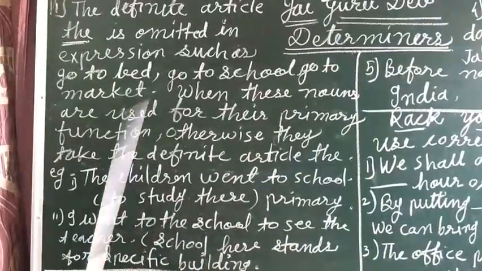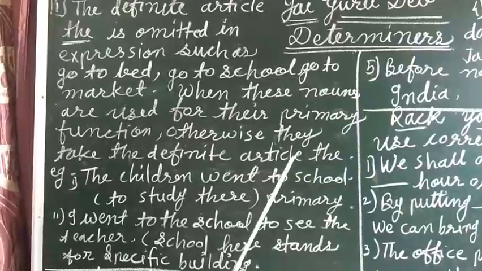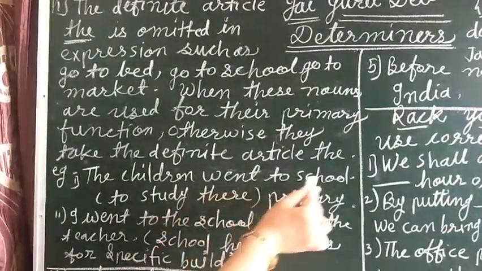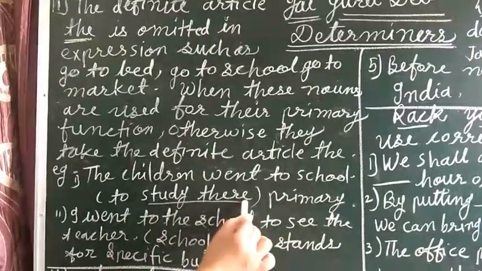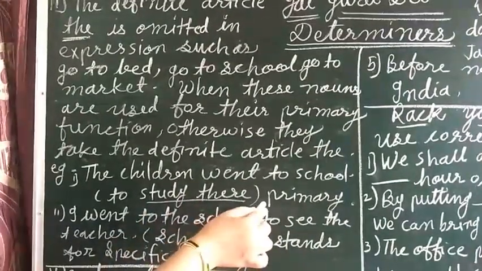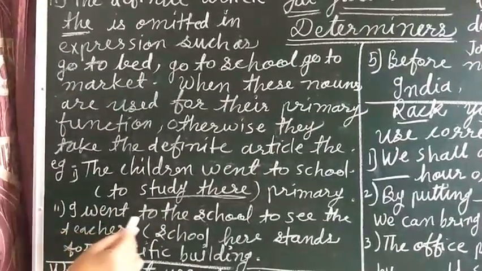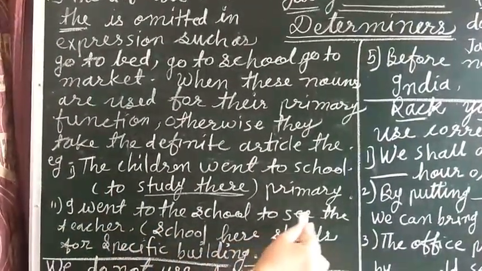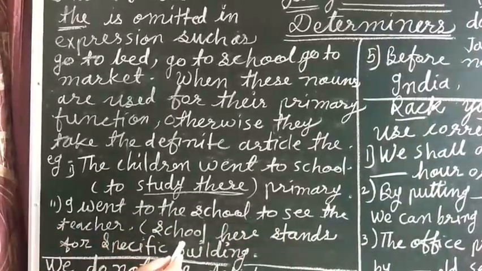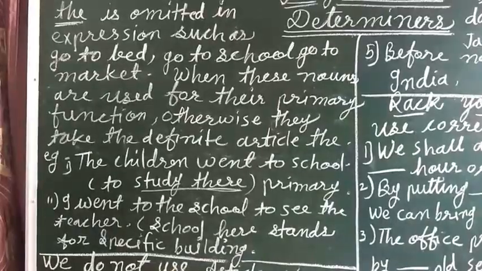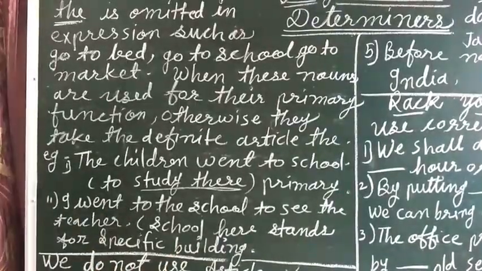Otherwise, they take the definite article "the". The children went to school. For what are they going to school? The purpose is primary: to study. I went to the school to see the teacher. School here stands for a specific building, and for that "the" is used.